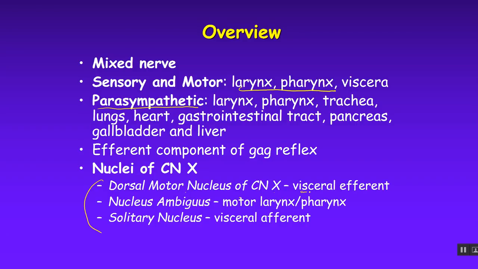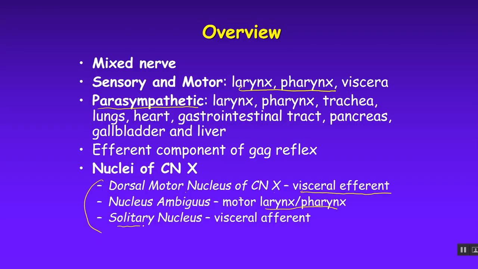This is the visceromotor or visceral efferent. The nucleus ambiguus is what supplies the somatomotor part, not the visceromotor, but the actual muscles of the larynx and pharynx that are driving the gag reflex and coordinating swallowing and those kind of things. So that's the somatomotor, not the visceromotor.